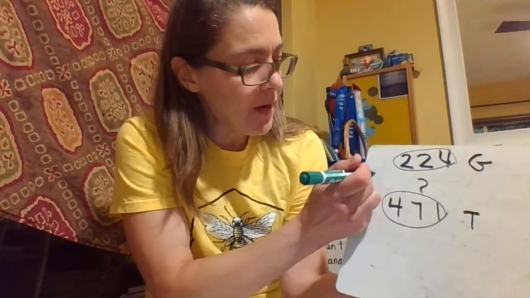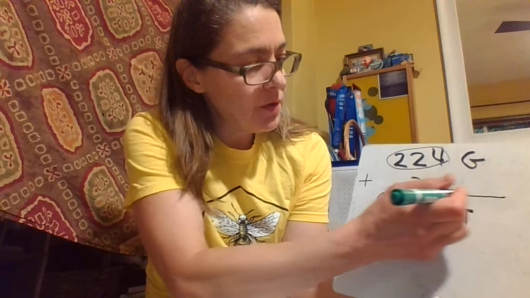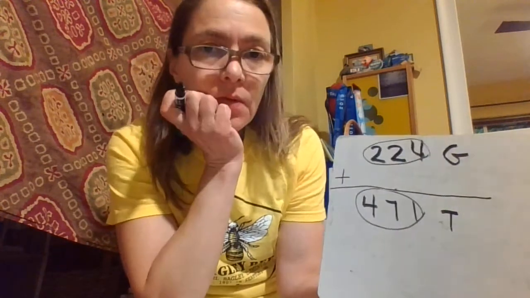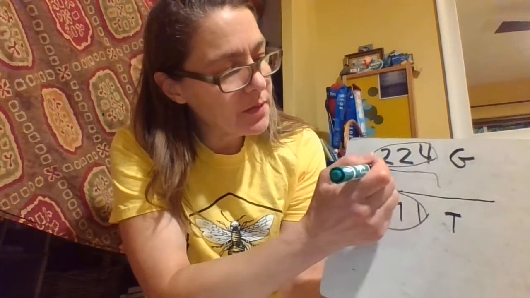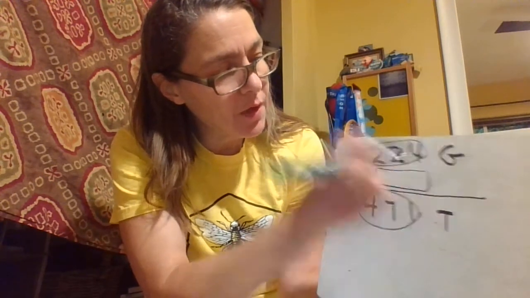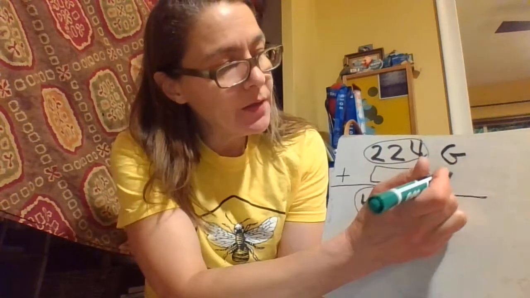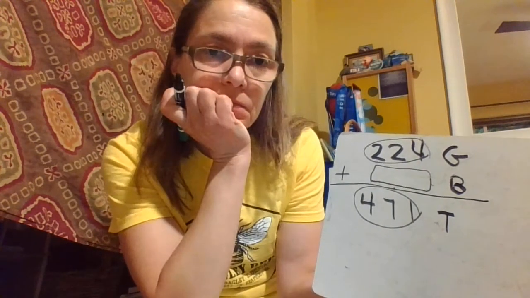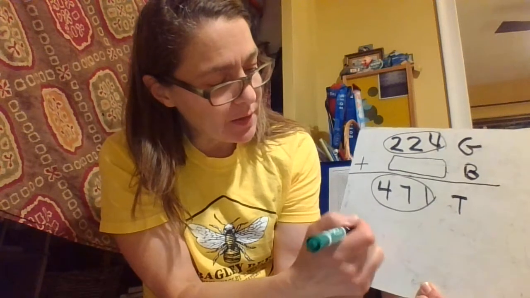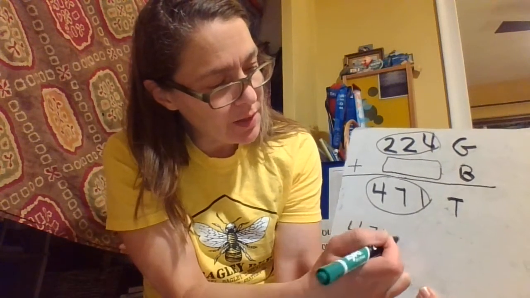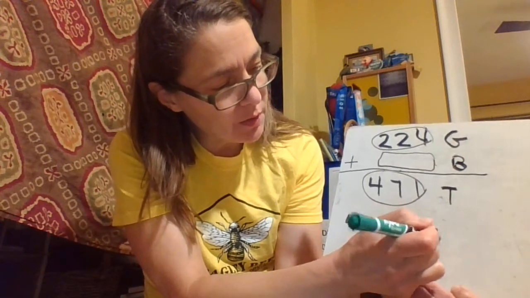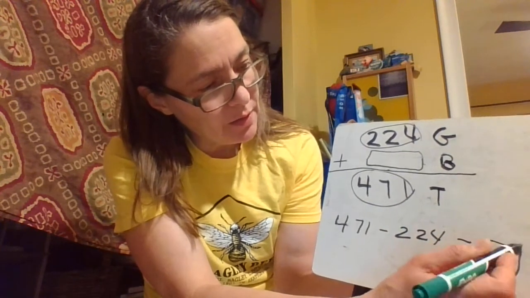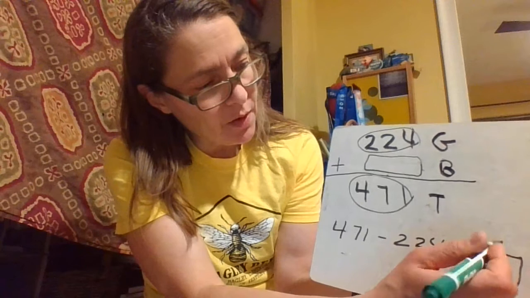This is how you make it a change unknown. This is the part that you do not know, and that is the number of boys. So the subtraction problem looks like this: 471 minus 224 is going to equal how many boys there are.